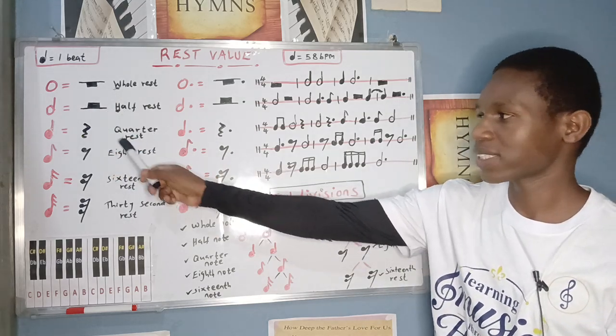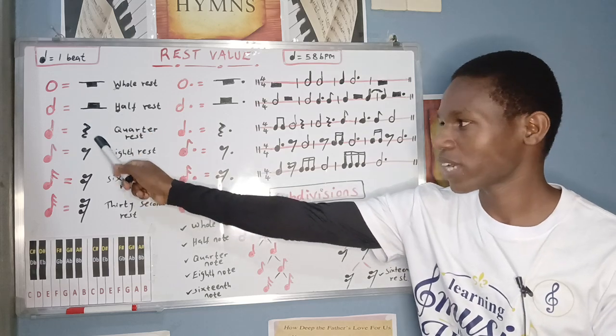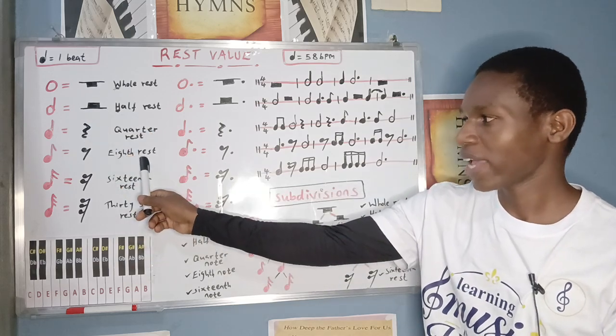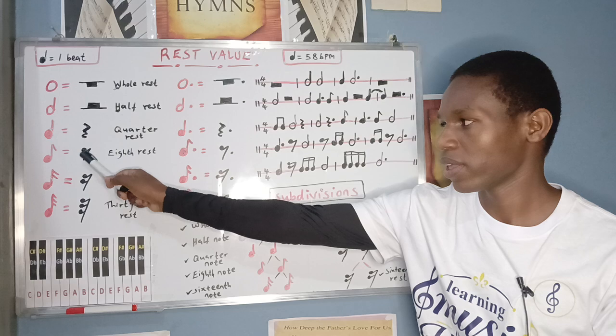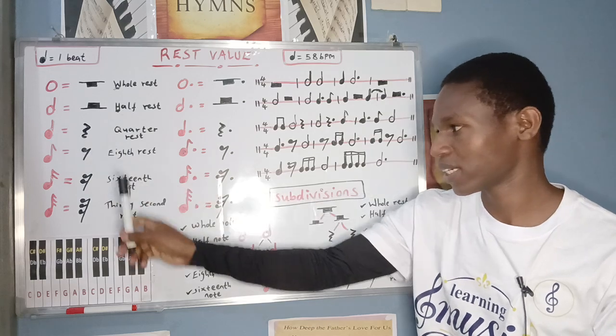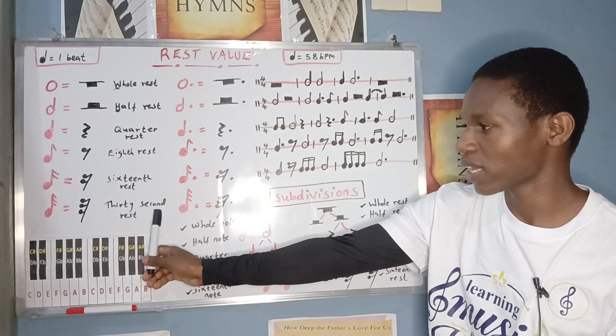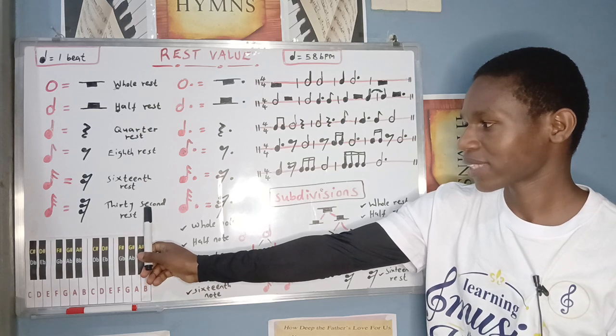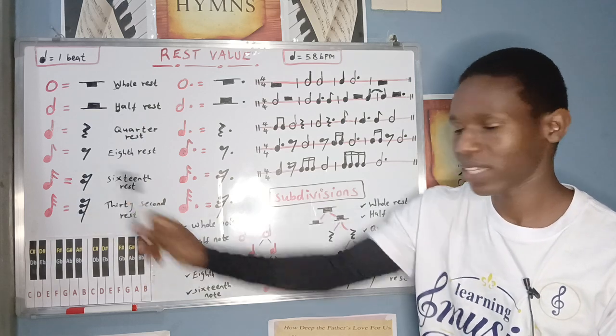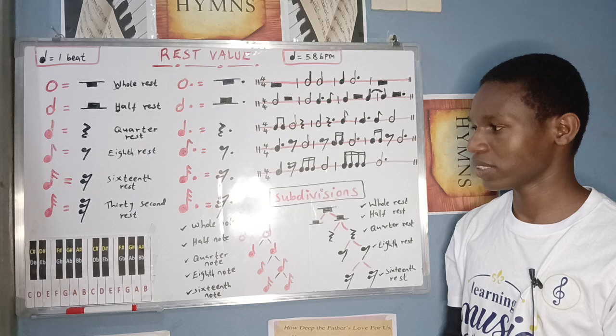The quarter rest is like a Z which has a tail. The eighth rest has a beam and a flag on it. The 16th rest has two flags, and the 32nd rest has three flags.